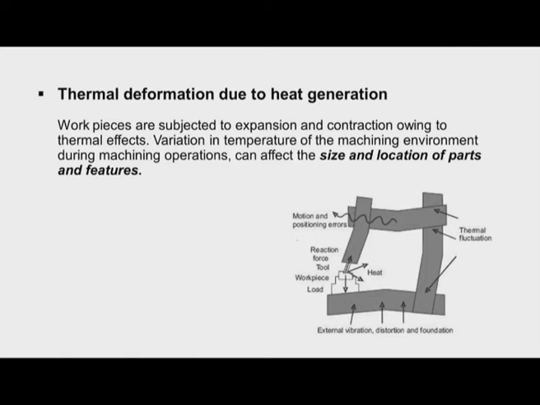Now these workpieces are subjected to expansion and contraction due to the heat that is generated during the machining process. So because of this variation in temperature, the workpiece may expand because of the higher temperature. Now you can take the example of a workpiece, and then some milling operation is performed on the surface, and then after that immediately the operator goes for drilling of 2 holes like this.